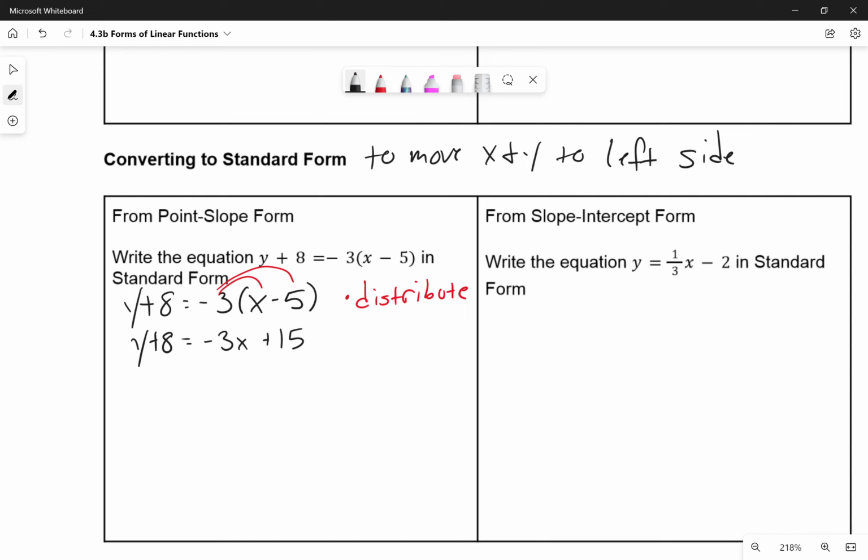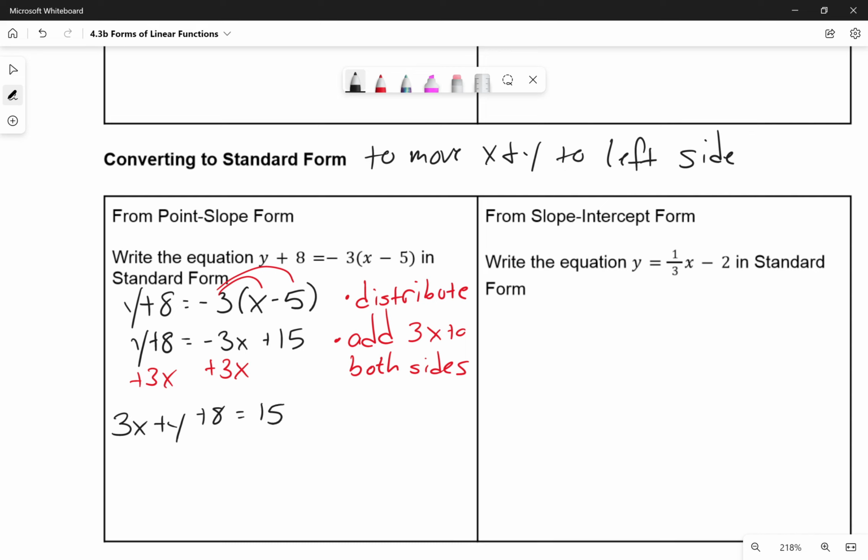And again, our goal is to get x and y on the left side. So my first thing I'm going to do is add 3x to both sides. So when I do that, it will zero out on the right side. And we're going to be left with 3x plus y plus 8 equals 15.